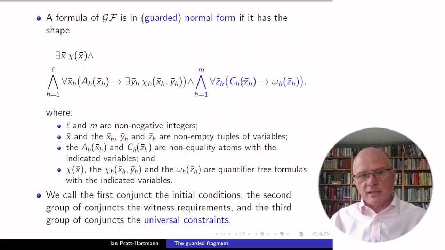So again, this will be guarded, and the whole thing will therefore be guarded. There'll be no problem there. Okay, so that is a so-called normal form guarded formula. It's a guarded formula having this shape.